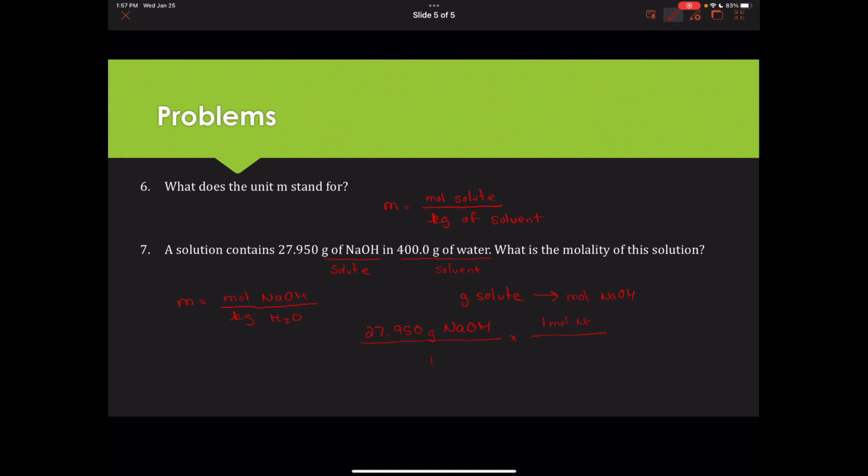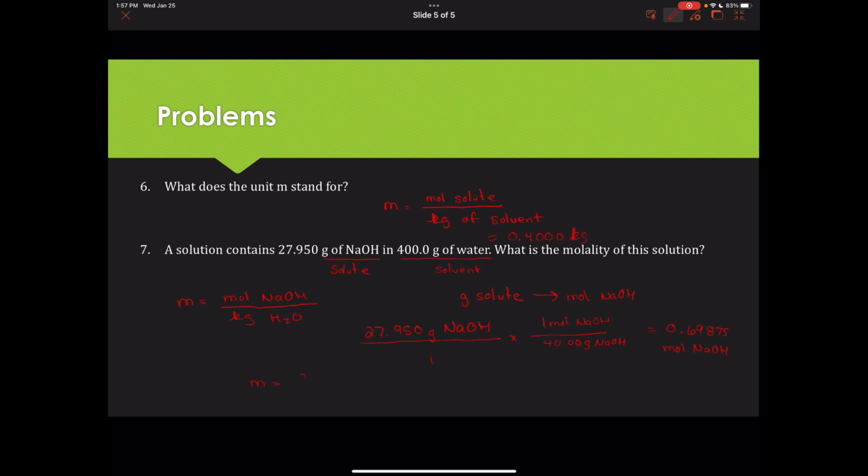So 1 mole of NaOH over 40 grams, which is going to give me 0.69875 moles of my solute. My solvent is the water. We need its kilograms. 400 grams is going to be 0.4 kilograms.